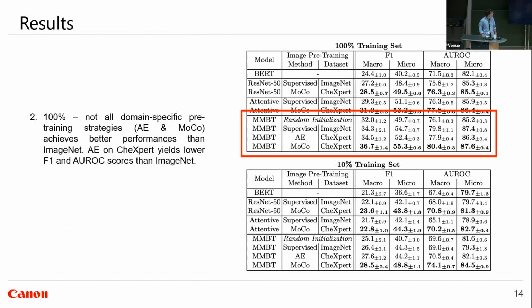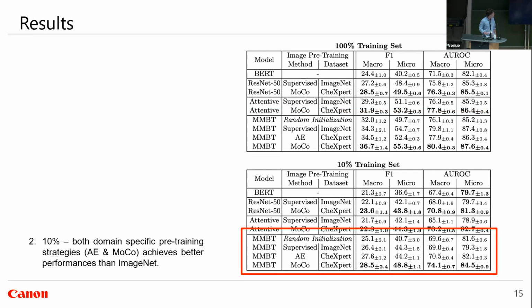When looking closely at the MMBT results, we see that not all the domain-specific pre-training, so the autoencoder and the momentum contrast, yield better performances than ImageNet. So the autoencoder actually doesn't seem to be as efficient as using contrastive learning. However, in the 10% scenario, both domain-specific pre-training approaches achieve better performances than ImageNet.